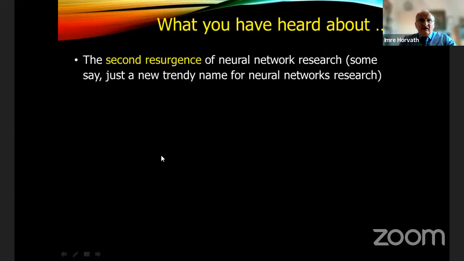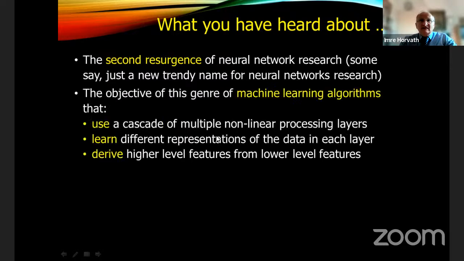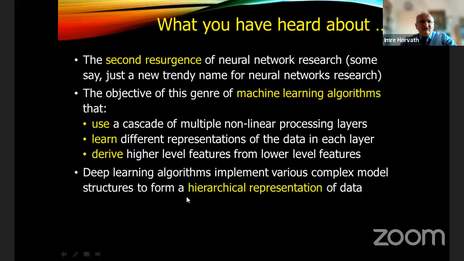So what we heard is that deep learning is a kind of second resurgence of neural network research. Some say just a new trendy name for neural network research. There is something in that. The other objective of this genre of machine learning algorithm is that it uses a cascade of multiple nonlinear processing layers, learns different representations of the data in each layer, and derives high-level features from the low-level features.